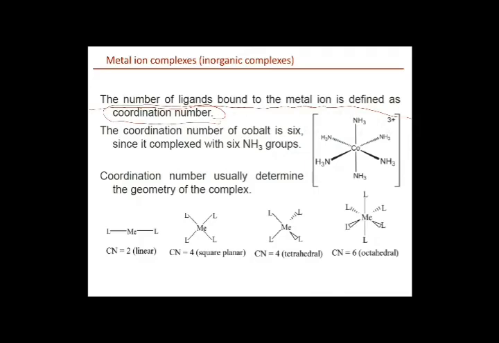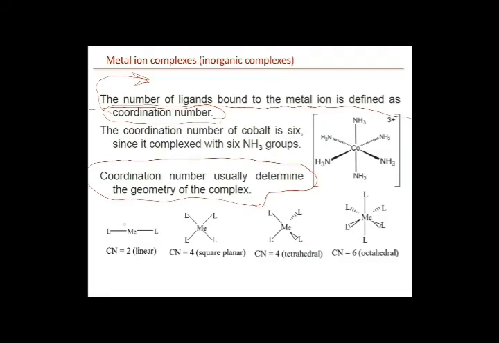So if I ask you what coordination number is, you can tell me that coordination number is a property of the substrate, or the metal in a metal ion complex, which is the number of ligands that can bind with it. And it also defines the geometry of the complex that will be formed.